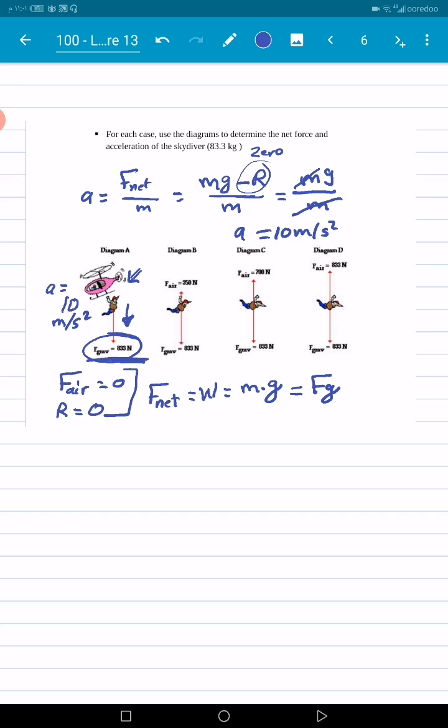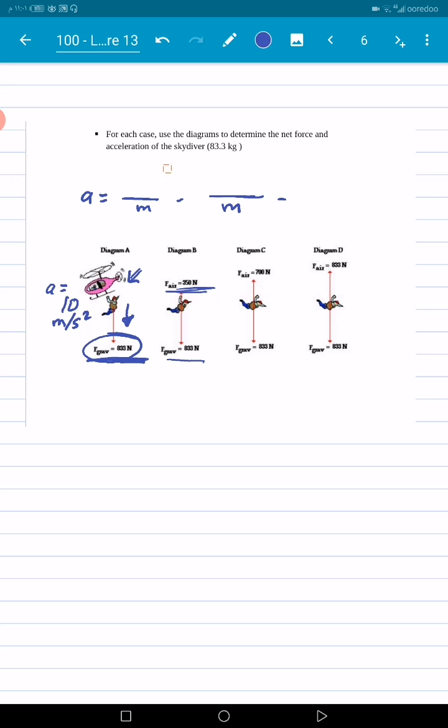Okay, number 2. In number 2, you can check the F air, how much? F air is 350. So what I do, just put the numbers, put the value, no problem. So that is for number 1, the acceleration is equal to 10, and we explained it. Diagram 2, so the acceleration, how much? We can find it.